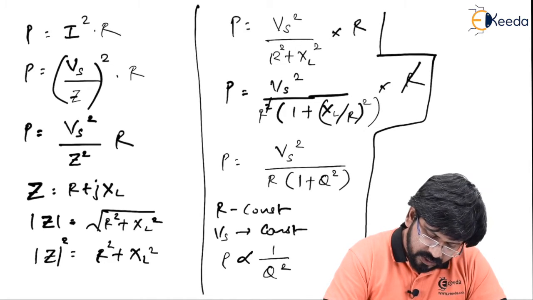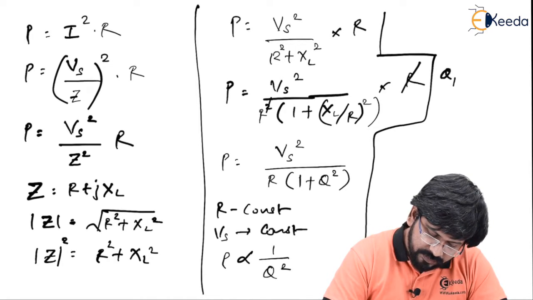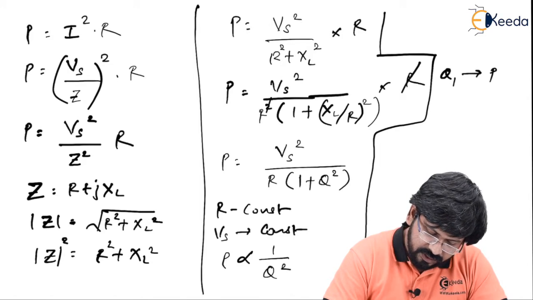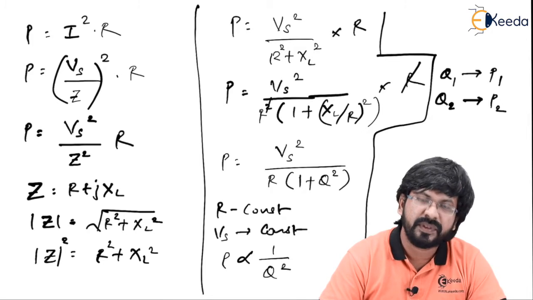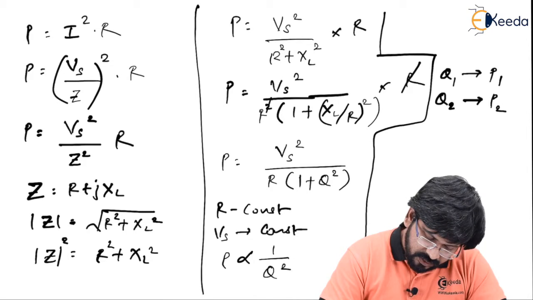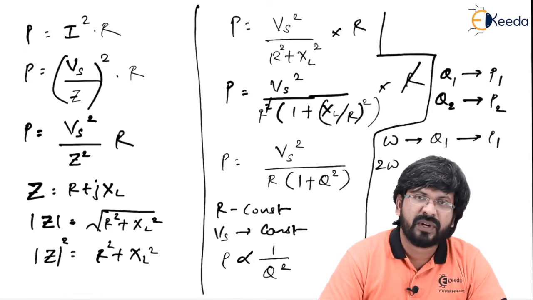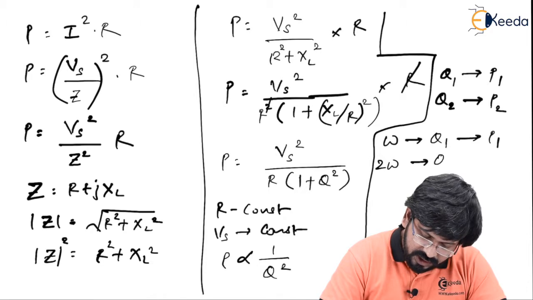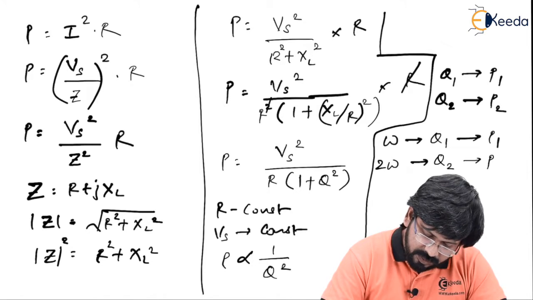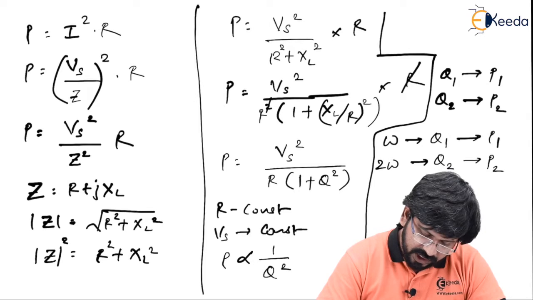Now remember, the value of Q1 will give us P1 and the value Q2 shall give us P2. For omega frequency, we got Q1, and for Q1 we should get P1. For twice of omega, when the frequency was doubled, we got the second quality factor, which will give me P2.